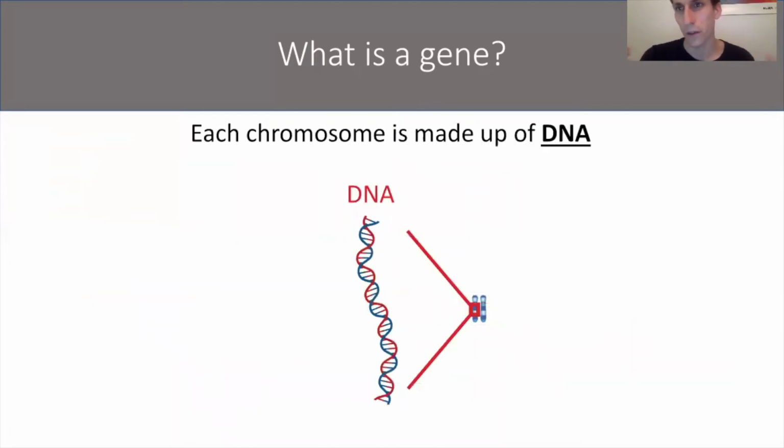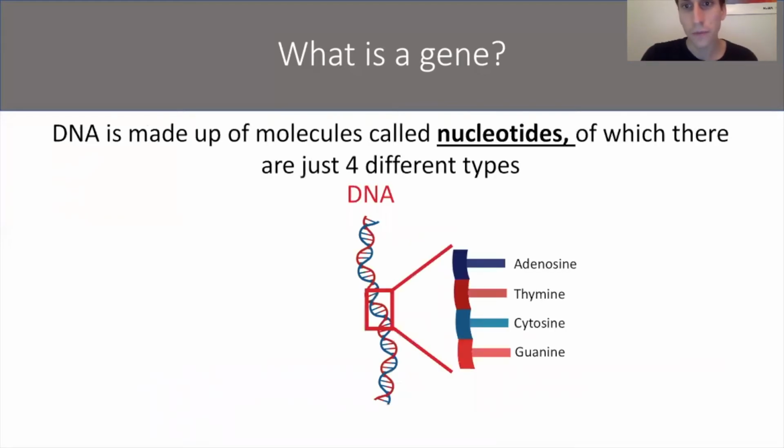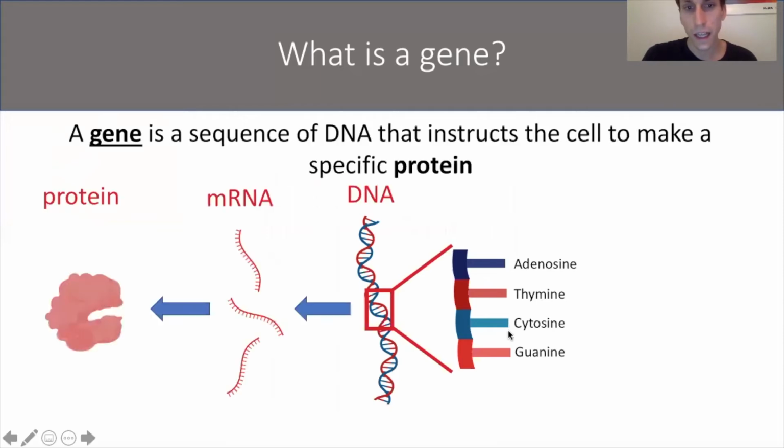Chromosomes are made up of DNA, which of course is the genetic blueprint of life. And DNA is made up of molecules called nucleotides, of which there are just 4 different types. And DNA is transcribed into mRNA, which then leaves the nucleus and is translated into a functional protein.